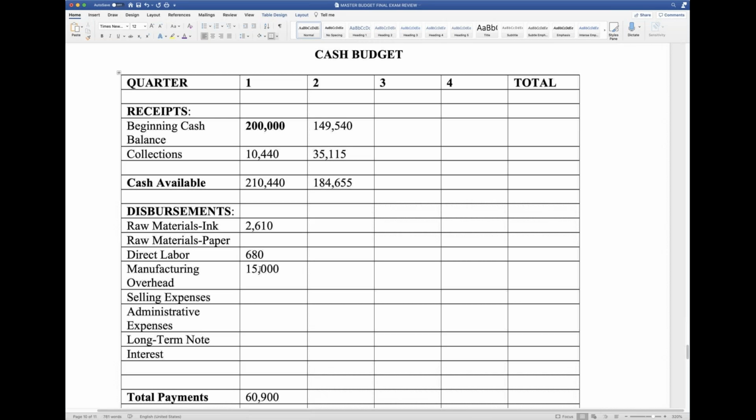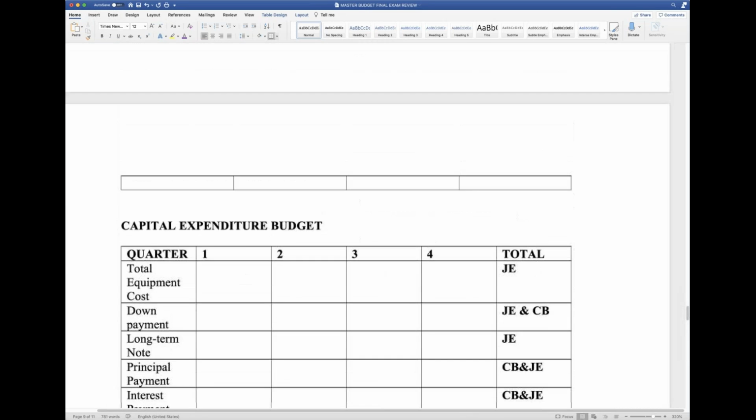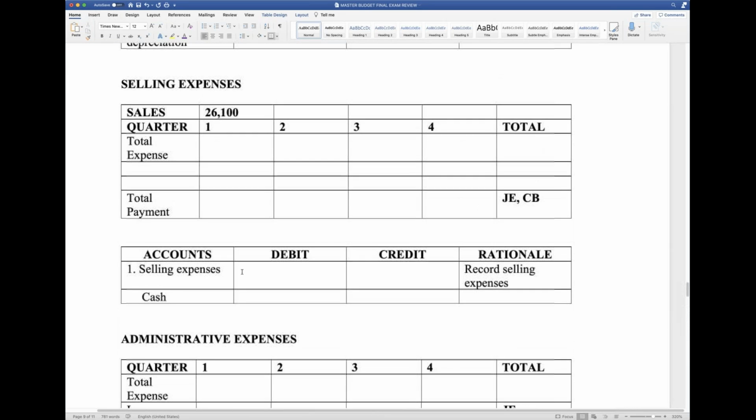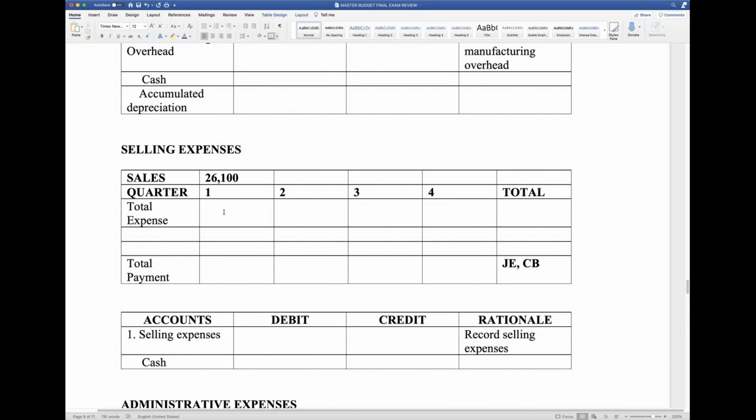All right, time to go to selling expense. I left the sales in here. So the selling expenses are what? We pay the salesman 10%? Yes, 10%.